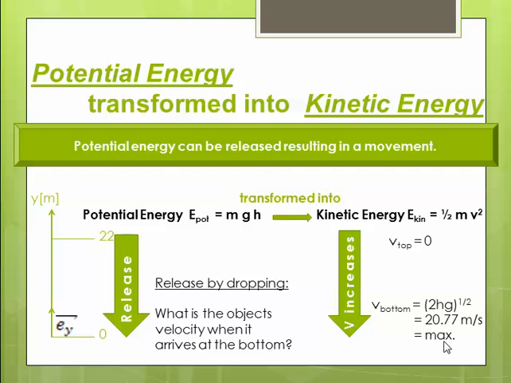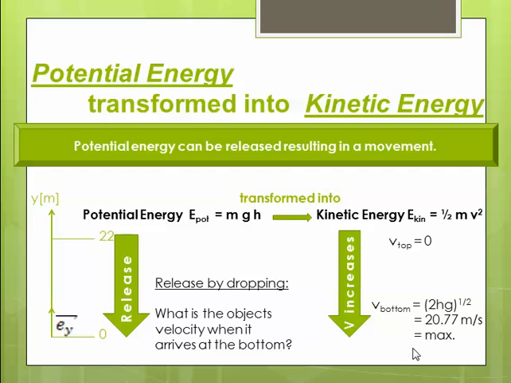Now right there at the bottom, the height is 0. So if we go back and look at the formula for the potential energy, which depends on the height h, we find that for 0 height, the potential energy is 0. So we see that the full potential energy, which the body had got at the height of 22 meters, was transformed into kinetic energy as the body dropped down.